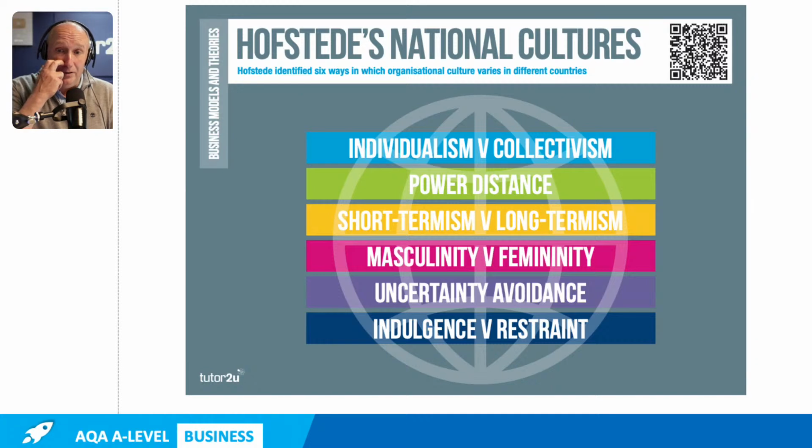So to give you an example, the dimension of masculinity versus femininity. Masculinity is about business cultures where it's all about achievement and recognition of effort and get on with it. A sales culture would be a great example of that, wouldn't it?